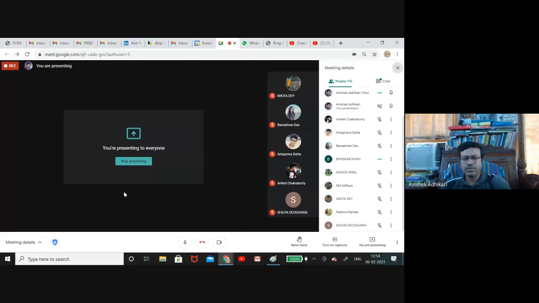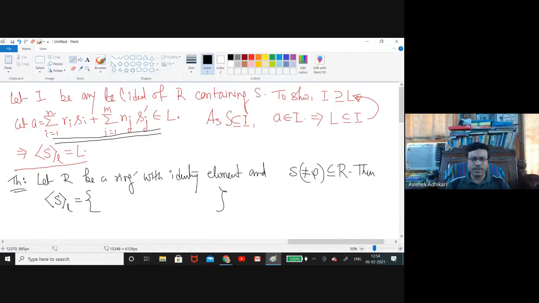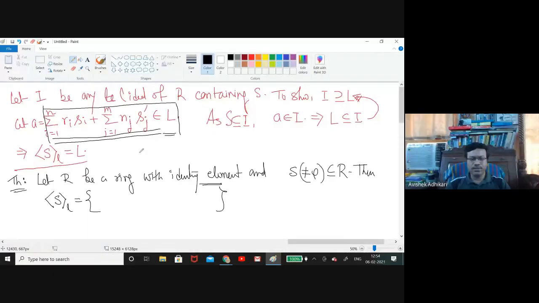Yes, sir. Okay, tell me. You can understand that of course this should look similar to this, but you have some extra privilege, that you already have the identity element with you. Then what extra benefit can you get, or can you make it a little shorter? Giving you a hint, some of the terms will not be present here if the ring is with identity.